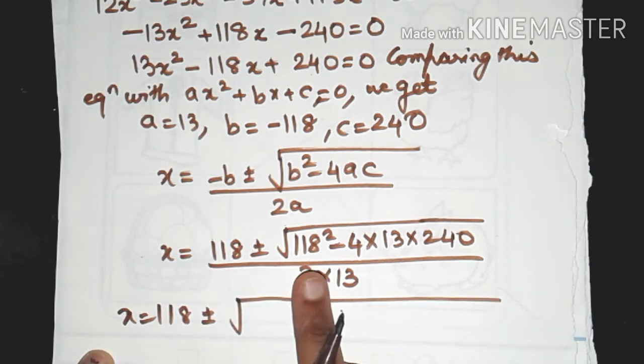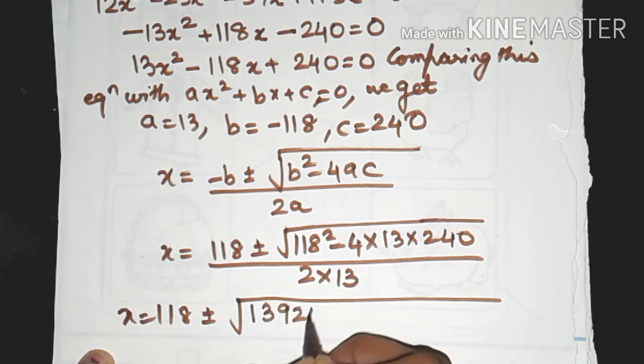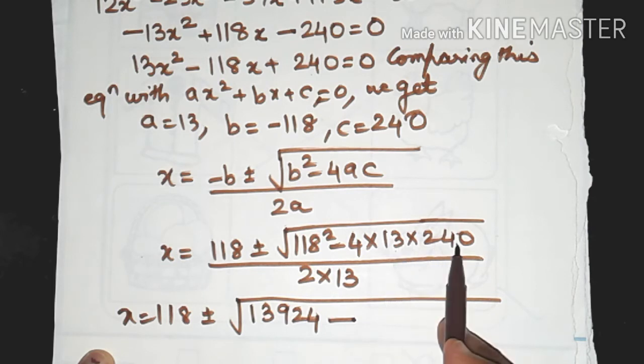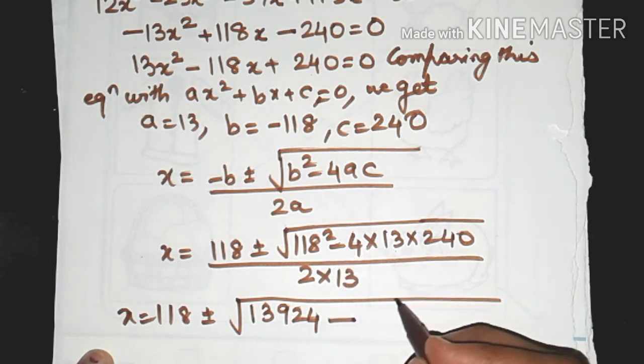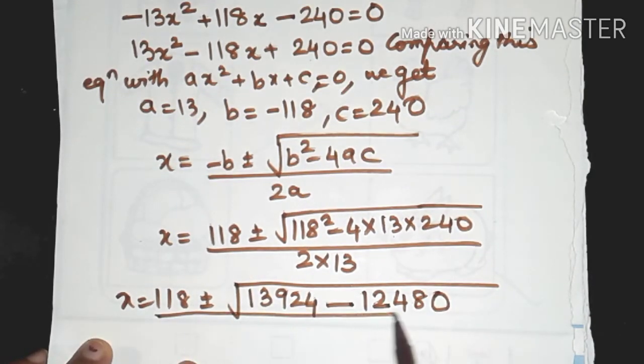Now the square of 118 is 13924 minus 4 into 13 into 240. This all together is 12480. So when you are doing, be very careful. Divided by 26.